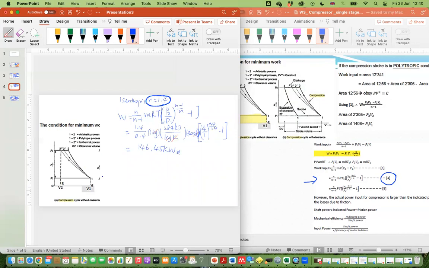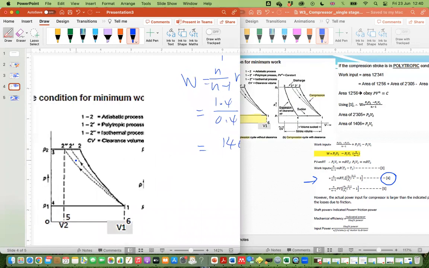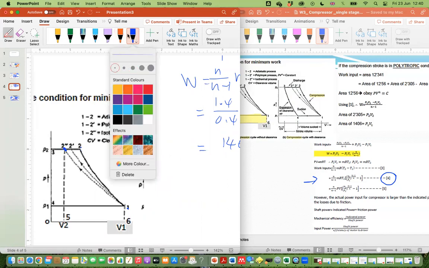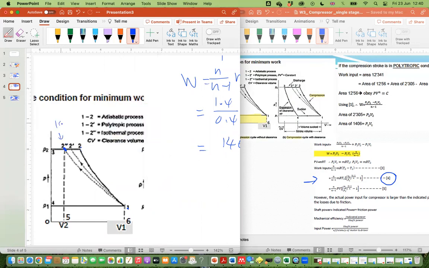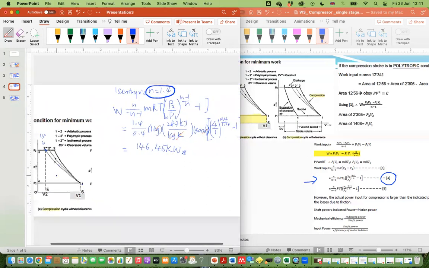If you look at the graph on your left side, logically, 1 to 2 is adiabatic, it's the larger. The isothermal is the closest to P2. Can you see that, this is the P2 double dash, this one, iso. To self-check your answer, you know that the surface area is lesser for iso, and therefore the work should be the lesser among them.